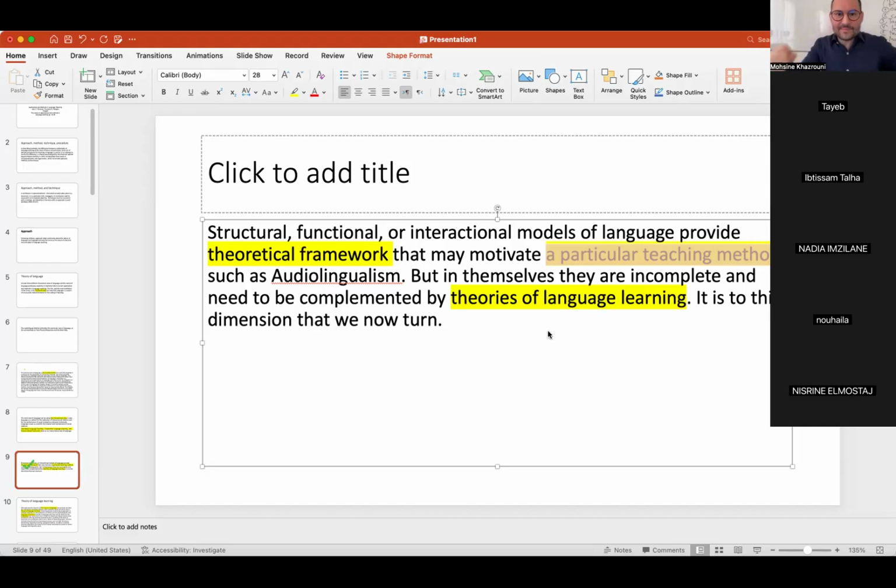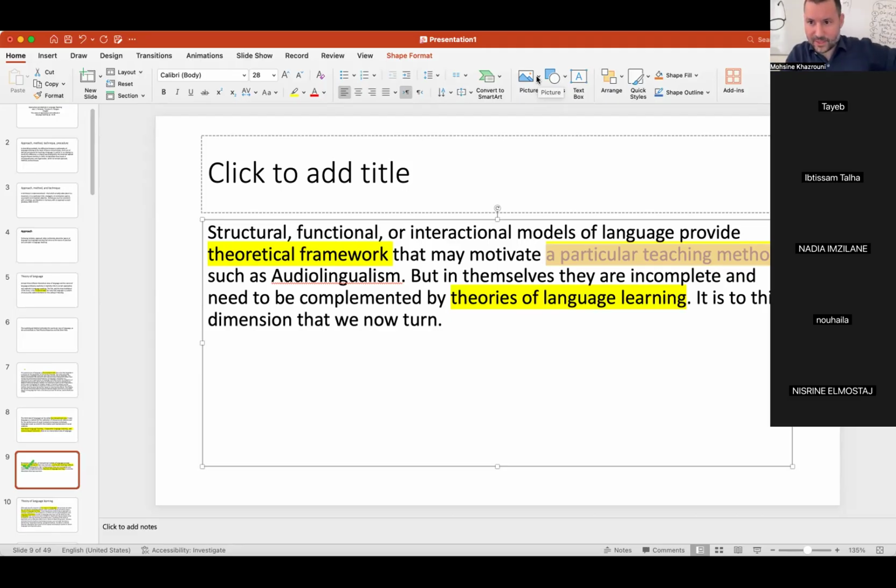In TPR classrooms, the teacher gives commands such as stand up, open the door, or pick up the book, or write down your answer. Students respond by physically performing the action. So the approach helps us to learn by doing.